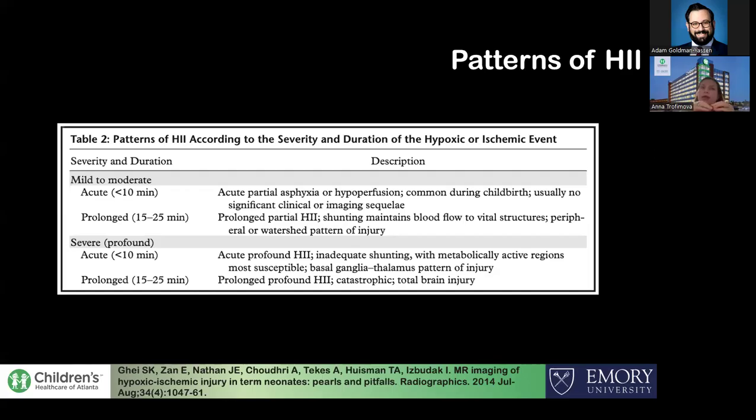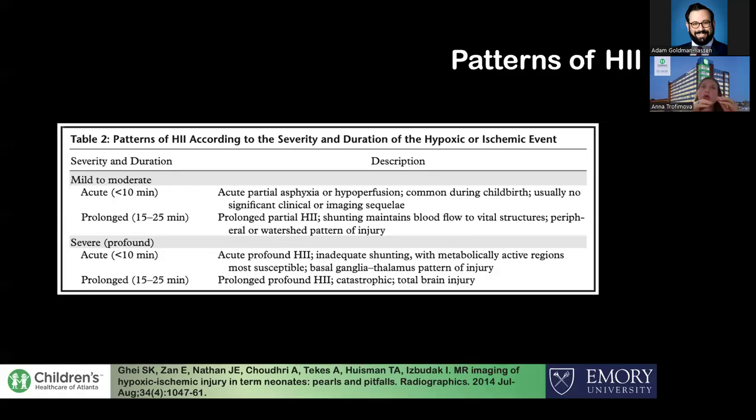If we take a look at the severity and duration of the hypoxic or ischemic event, it can be acute or prolonged, and in terms of severity, it can be mild to moderate or severe. During childbirth, it's really common to have short periods of mild to moderate hypoxia or ischemia, and they usually never result in any significant brain injury.